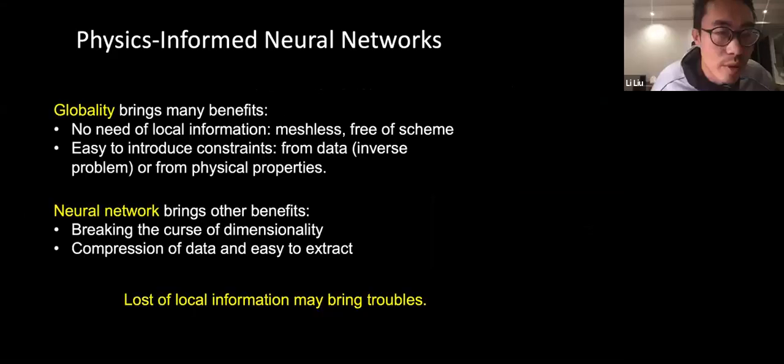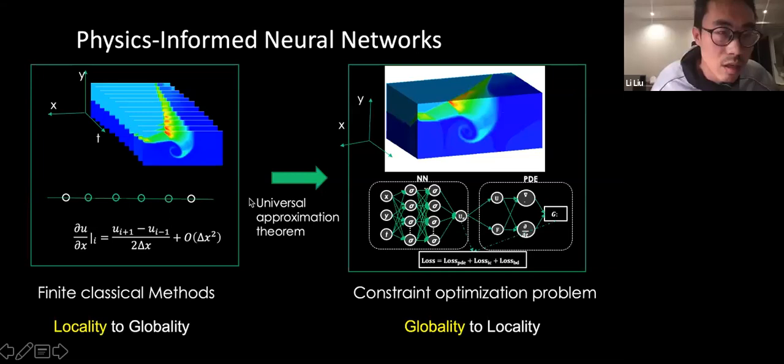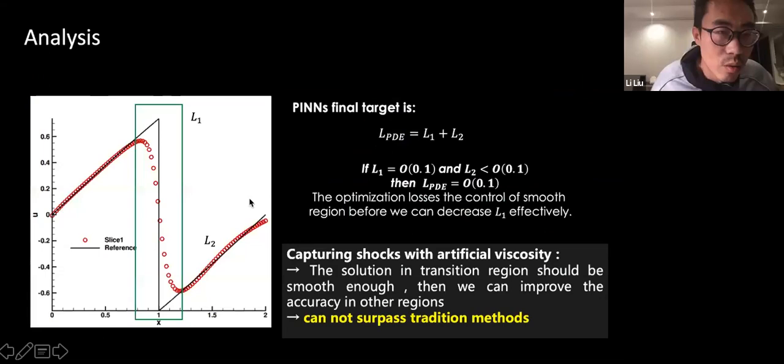But in PINNs, even if you use the conservative form, you cannot keep the conservation character. So in fact, this work is only used to get a strong discontinuity, but we have tested that. I will show later.